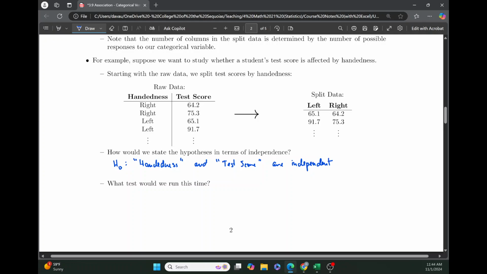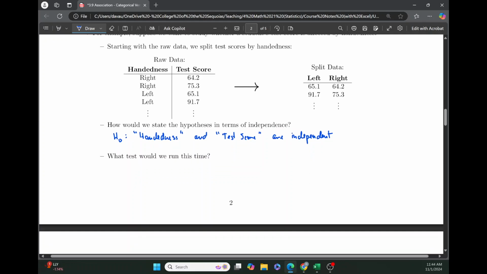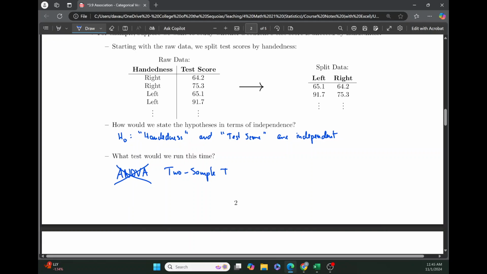I don't have room to write it down, but the alternative would be that they're dependent. So we write it the same way, but this time, instead of an ANOVA, we're not going to run an ANOVA because there are only 2 categories. We're going to run a 2-sample t-test.